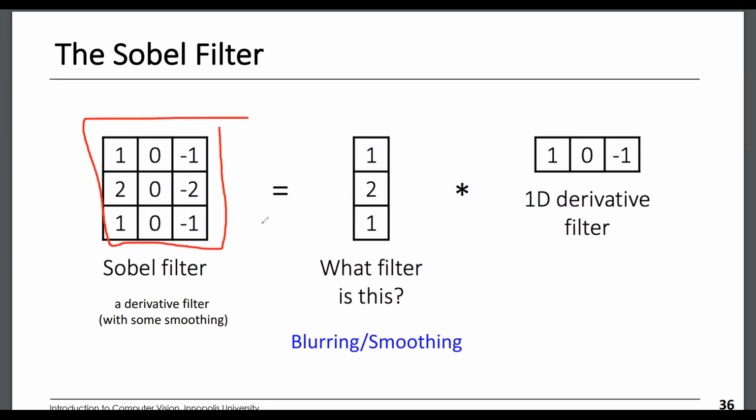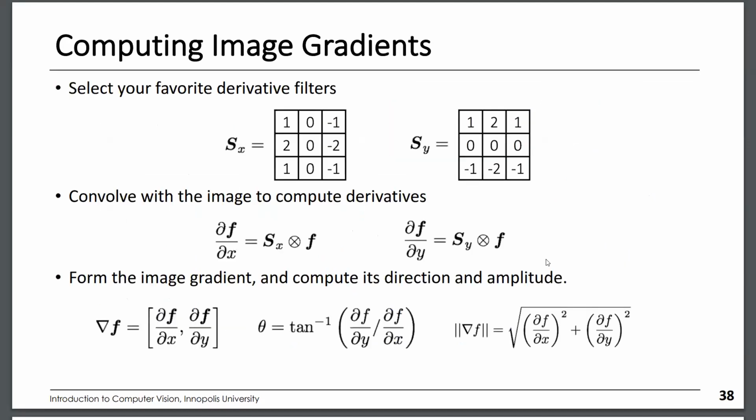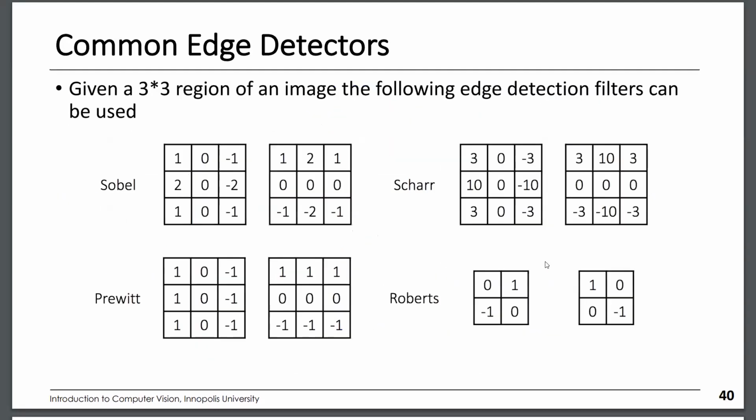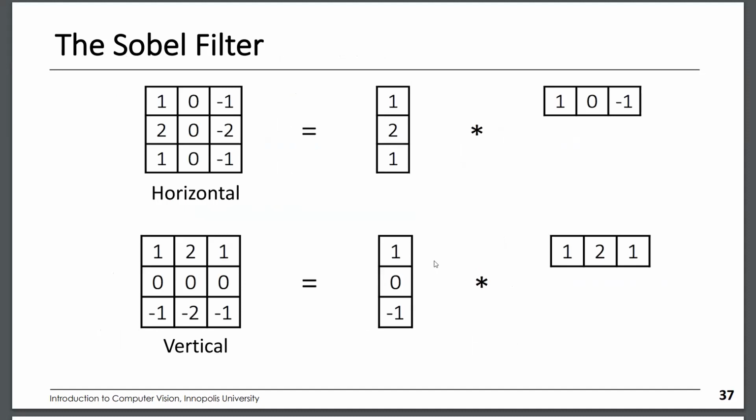derivative filter. Sobel didn't just come up with this idea of using the blurring and smoothing filter immediately. He just tried different values, and this is the one that really gave the best results. And we will see that Sobel really wasn't the only person who had this idea. After Sobel did that, many people tried to play around with these values in order to get the optimal values for calculating edge detections.